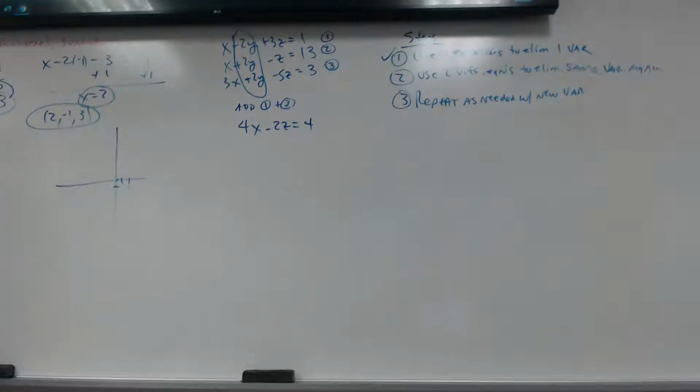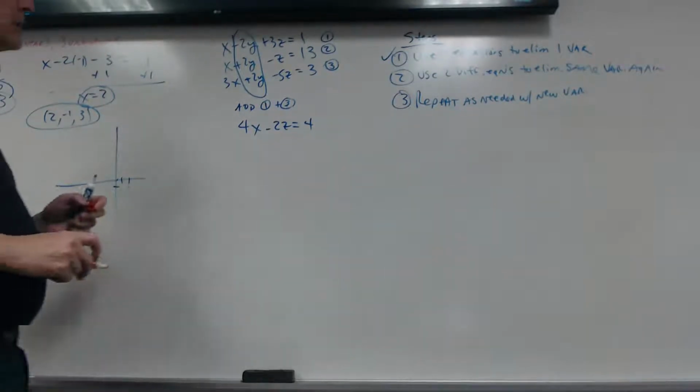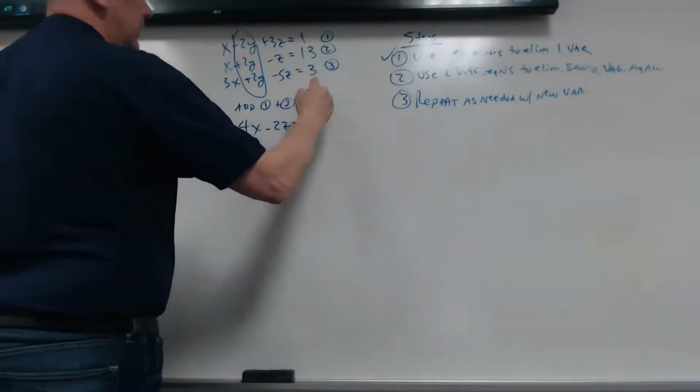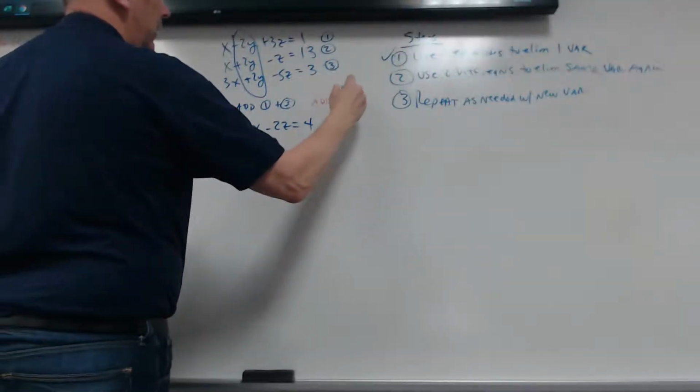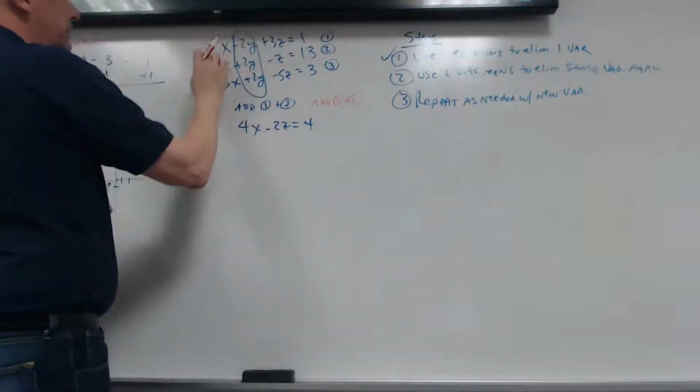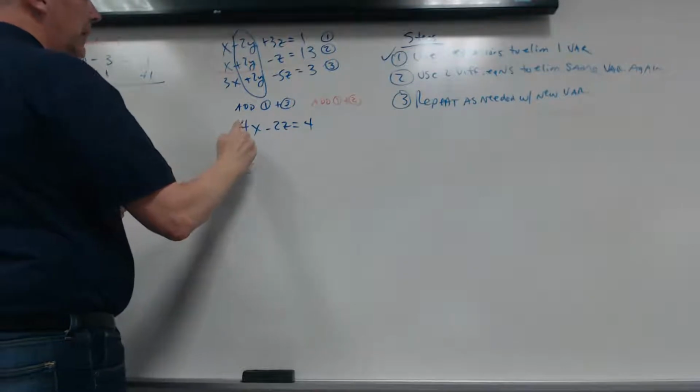Now let's repeat that with 2 different equations. Let's do 1 and 2. Yeah, let's add 1 and 2. So if we add these 2 equations together, x plus x is 2x.